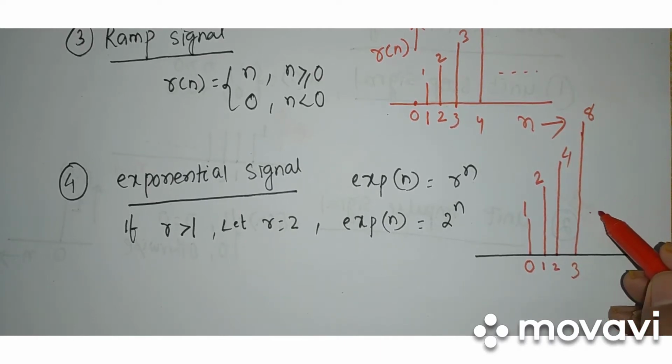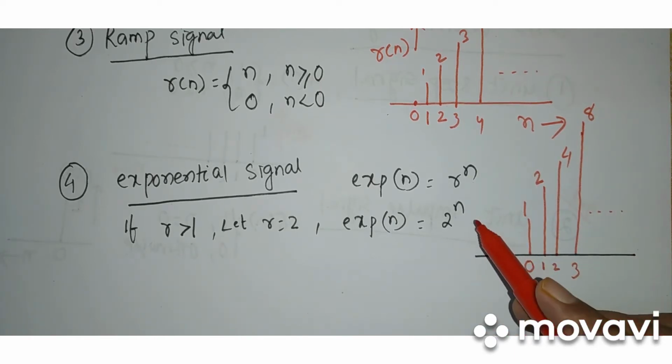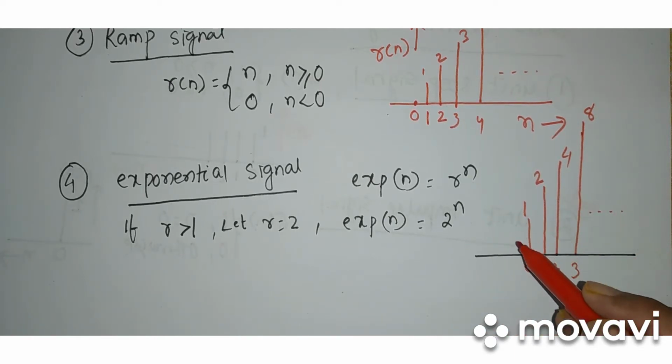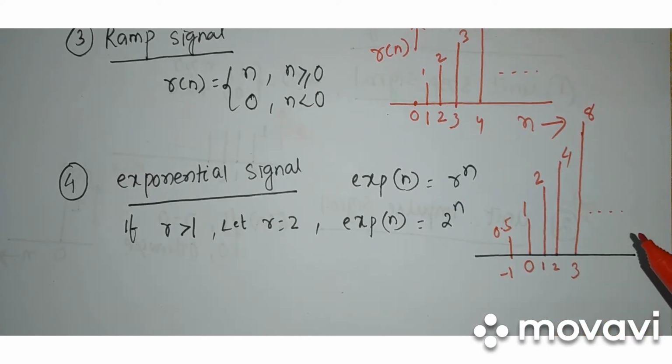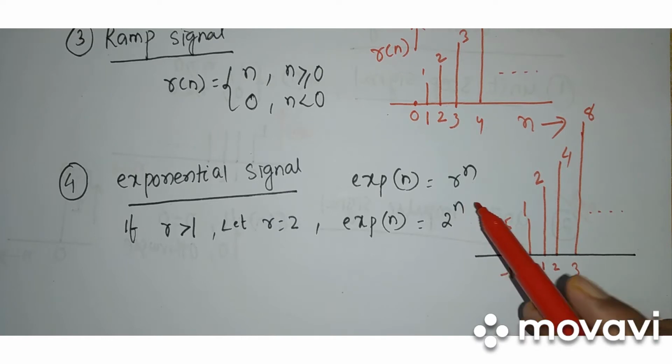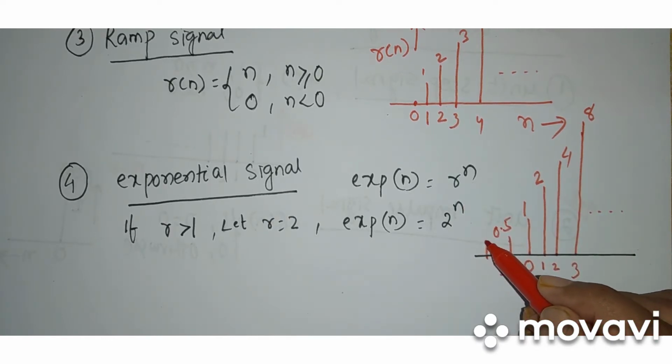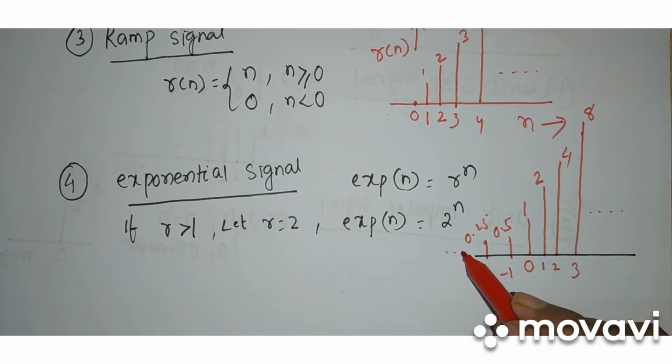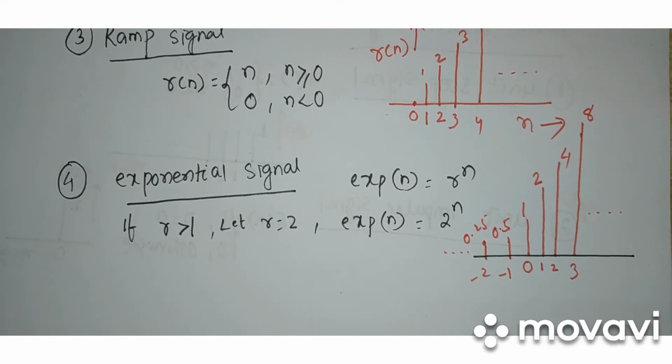Okay, like this it will go. Similarly, n equals to minus 1, it is 2 to power minus 1, 1 by 2 means 0.5. Okay, n equals to minus 2 means 2 to power minus 2, 1 by 4 means 0.25. Clear?